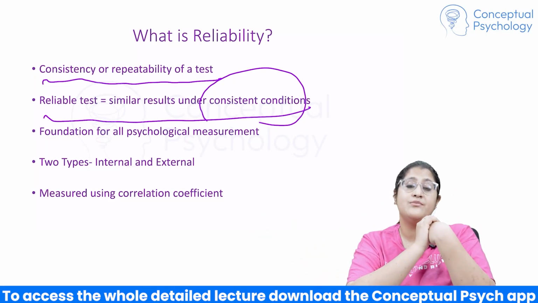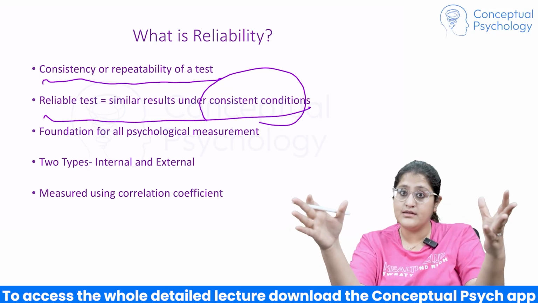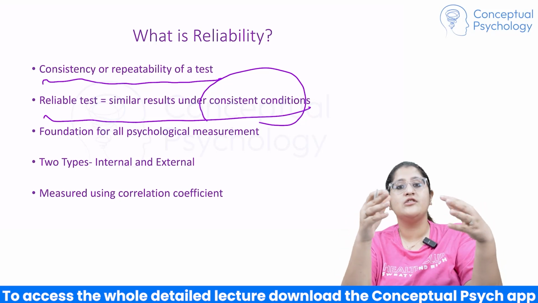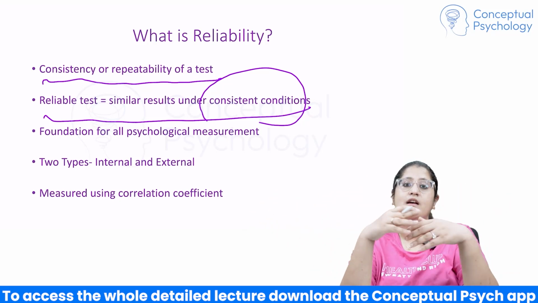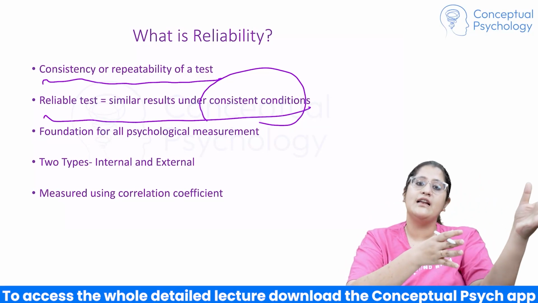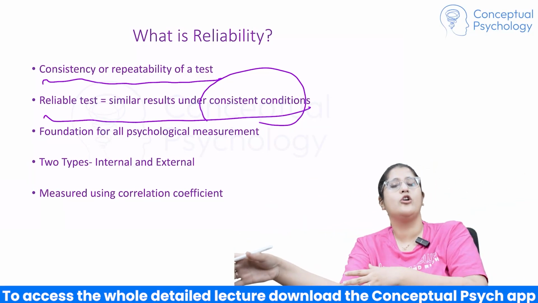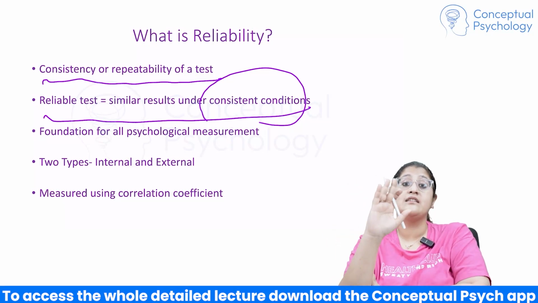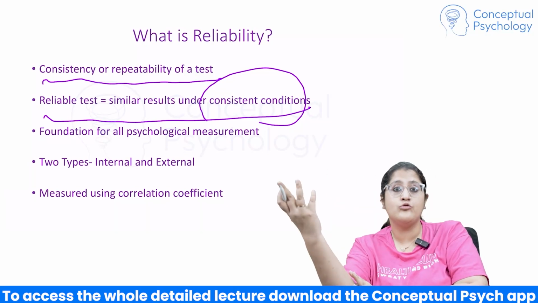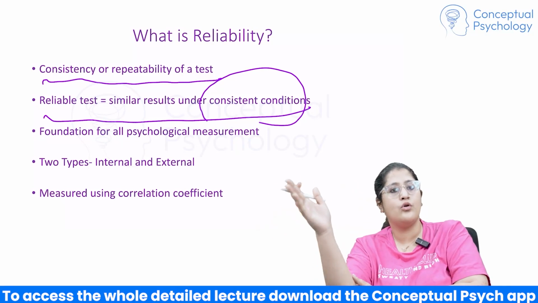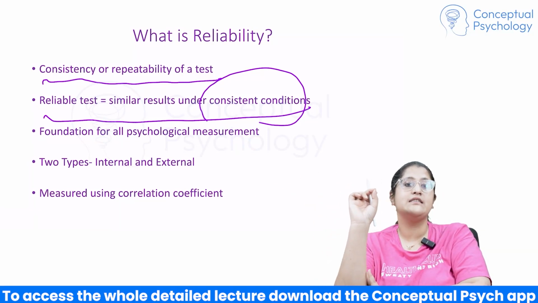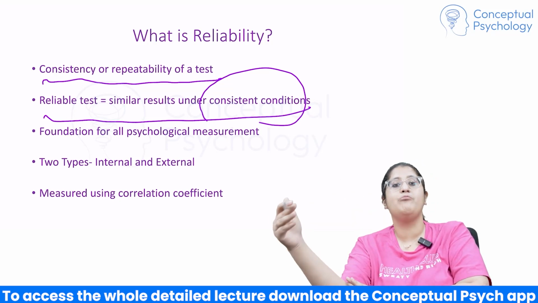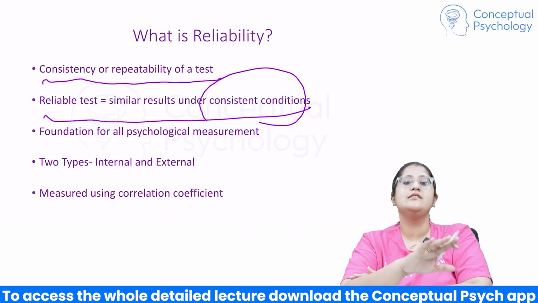For example, the test is administered in a very quiet room to a population that is normally distributed in terms of intelligence, which means some people are very intelligent, some are in the middle, some are not so intelligent. There are no loud noises, it's neither too hot nor too cold, the instructions are clear. All of that are consistent conditions. If these conditions are replicated, then the test results should be similar.